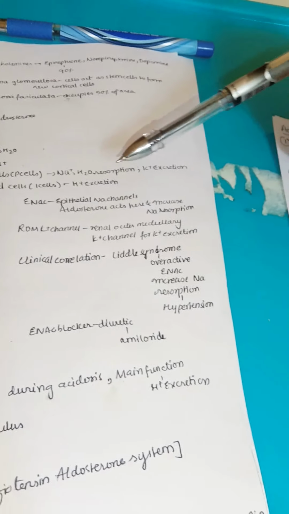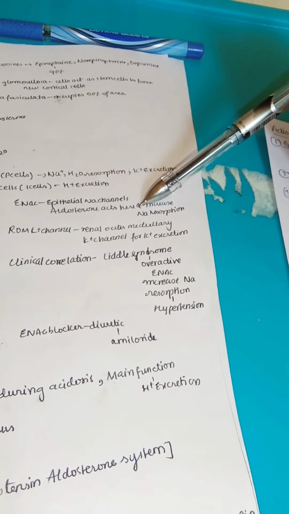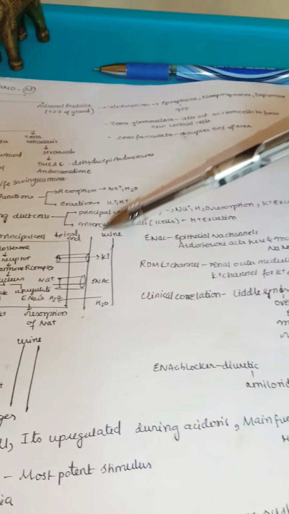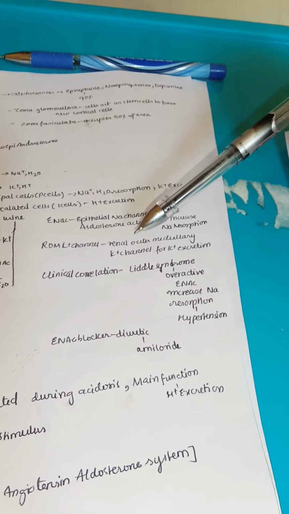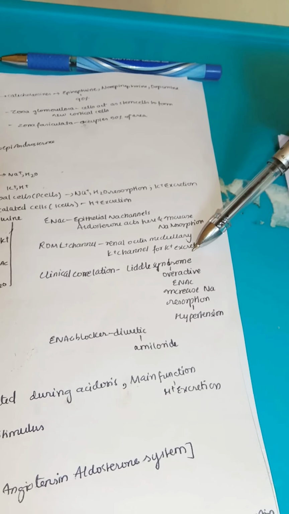ENaC stands for epithelial sodium channels. Aldosterone acts here and increases sodium reabsorption. This potassium channel is called ROMK, meaning renal outer medullary potassium channel, for potassium excretion.